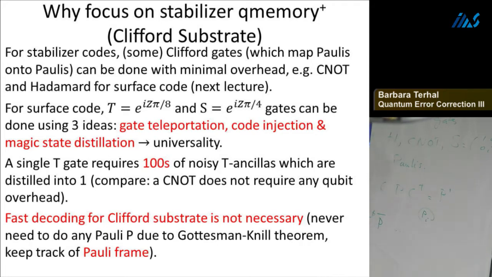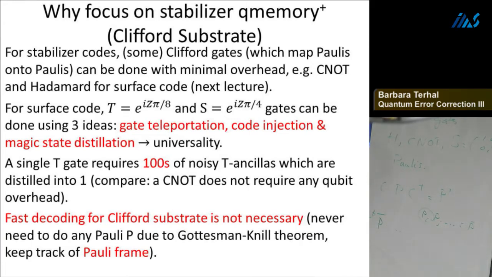Errors do accumulate, so I keep track of these Pauli corrections that I should have been doing, but I'm not doing. And at some point, they accumulate such that a couple of them, the product of them, becomes a logical Pauli. Because these are just elementary Paulis, and the logical Pauli is something that is more long range. Now, if I were to do Clifford operations, I don't have to implement this logical Pauli.